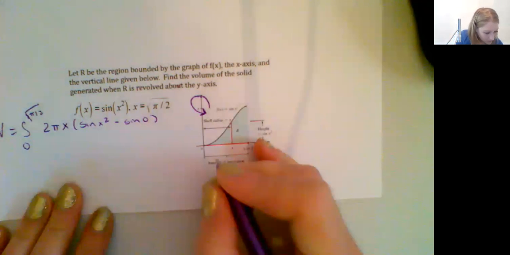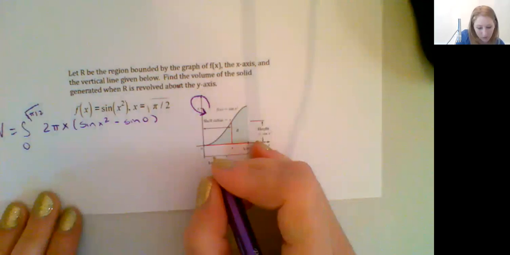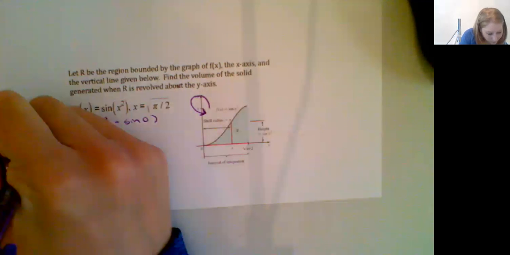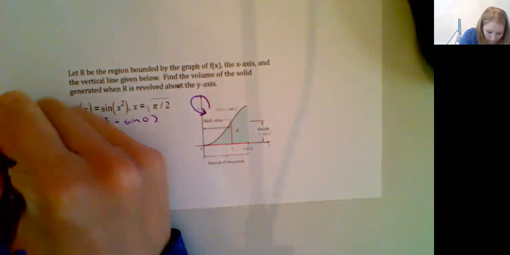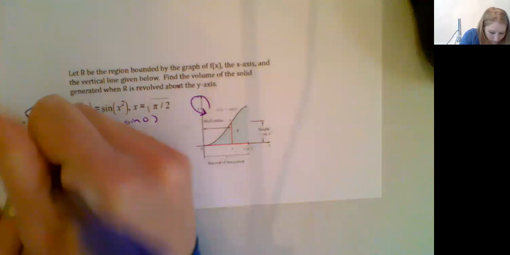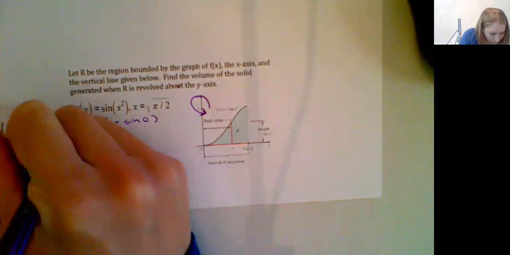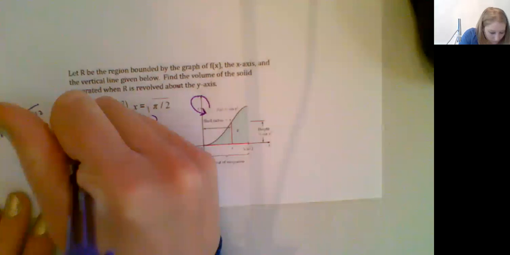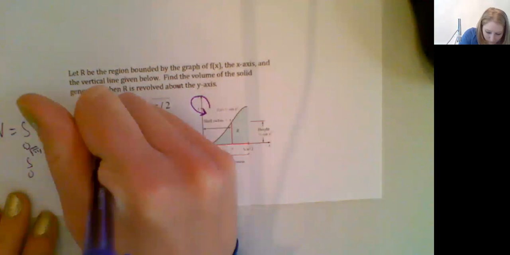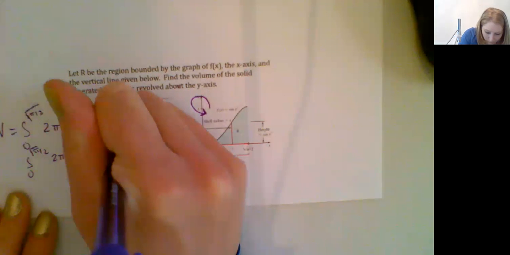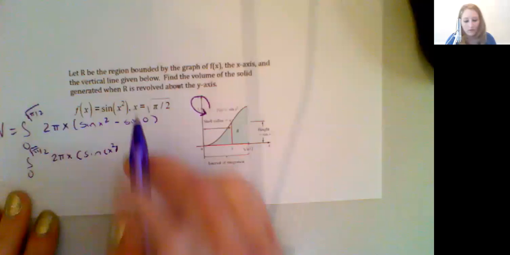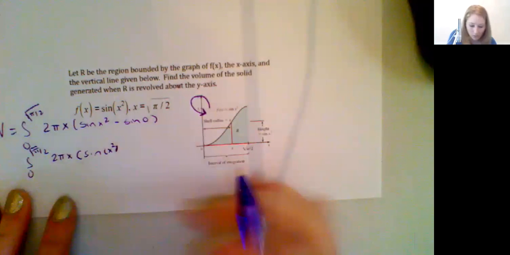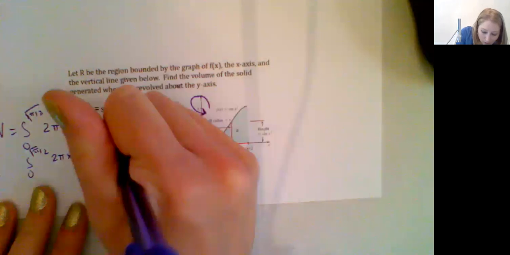All right, so let's just clean this up just a little bit before we do anything else. Okay, so sine of 0 is just 0, so that can go away. Don't forget to write dx.